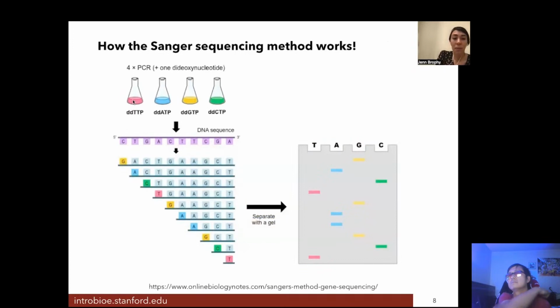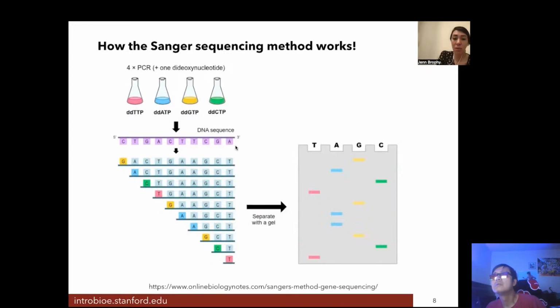Well, if you make a mixture of 4 different solutions and you try to run PCR, polymerase chain reaction, you try to synthesize the opposite strand of a DNA piece that you want to sequence, and you have a mixture of dideoxynucleotides and regular nucleotides in each reaction condition, then you'll get DNA synthesis that stops at different points. So you always synthesize from the 5' to 3' direction.